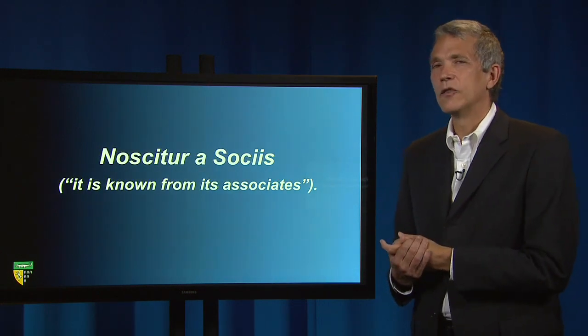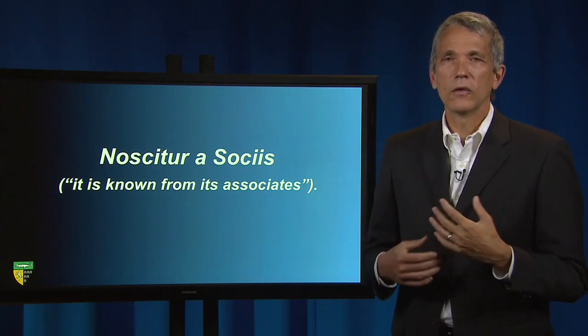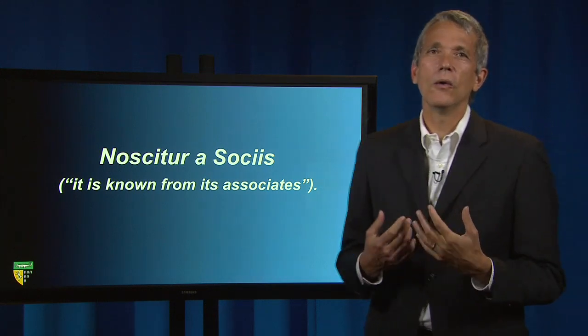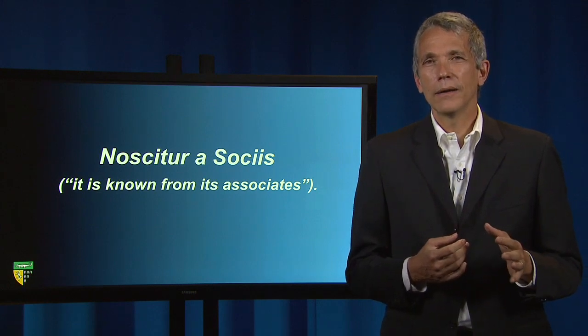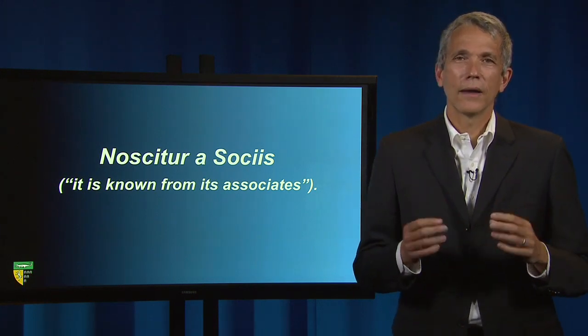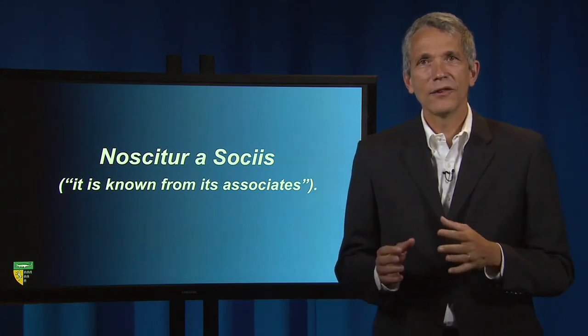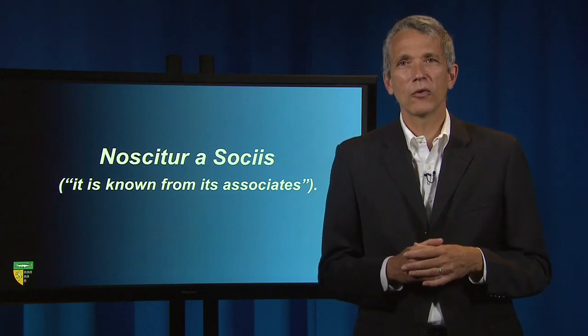The first canon I'm going to speak about is noscitur a sociis, which might roughly be translated, it's known from its associates. The Factories Act of 1961 required that, quote, floors, steps, stairs, passageways, and gangways, unquote, had to be kept free from obstruction.